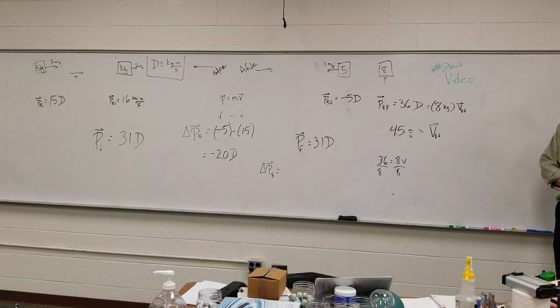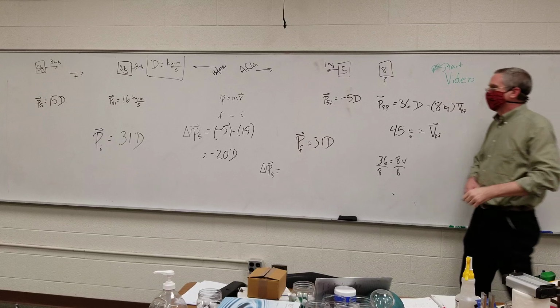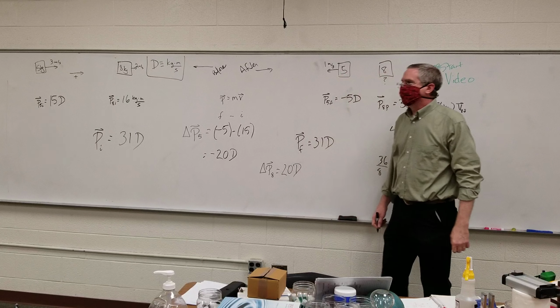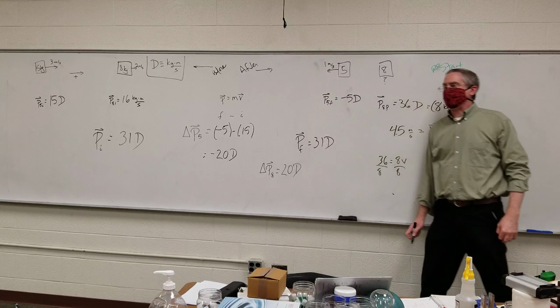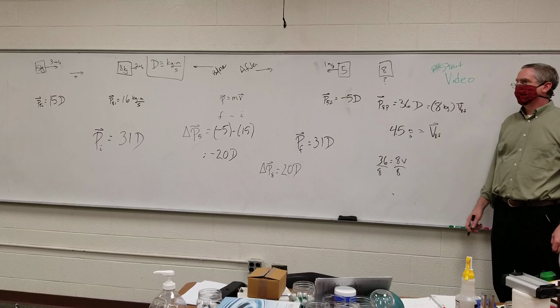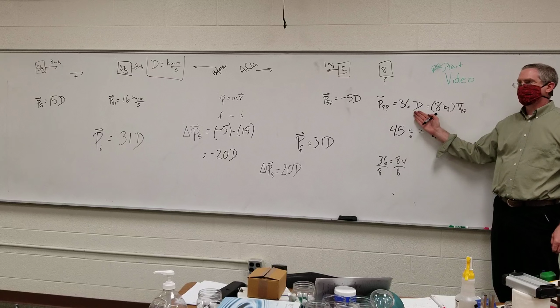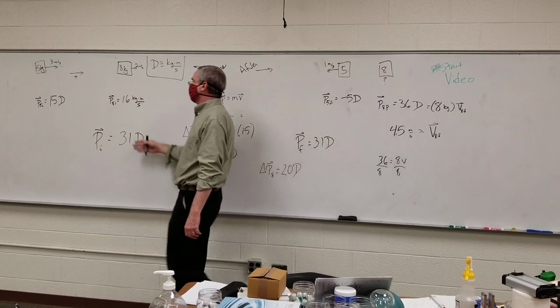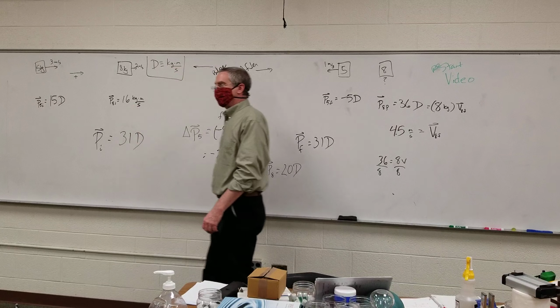People are going way more complicated than you need to on this one. Is it 20D? Yes. What is the final momentum of the 8 kilogram mass? 36. What was the initial momentum? 16. Just 36 minus 16.